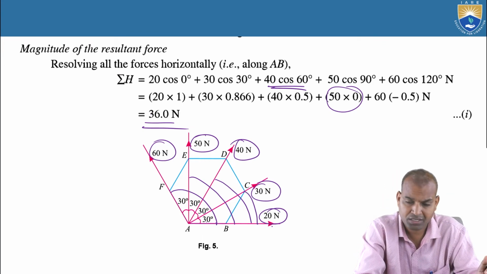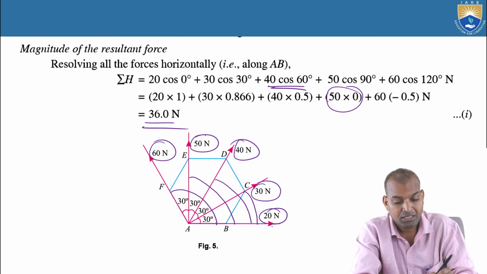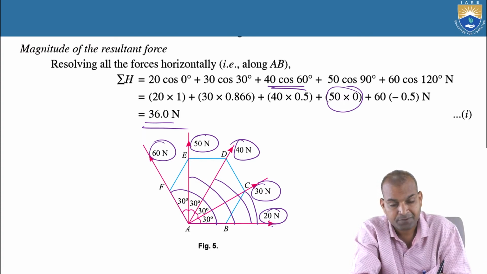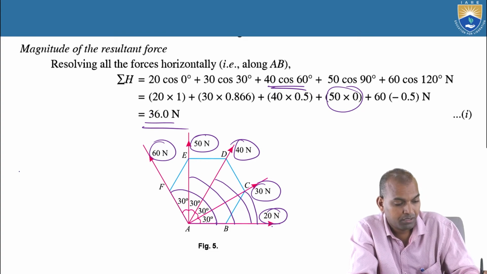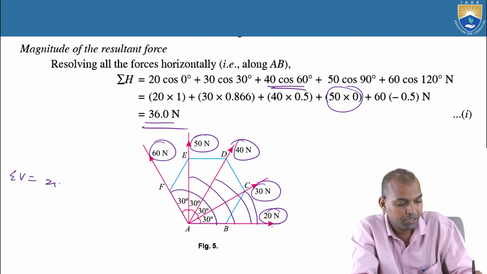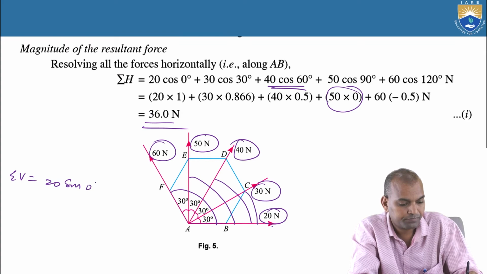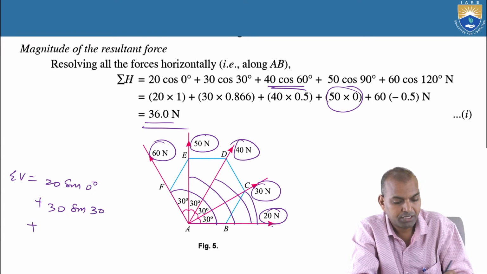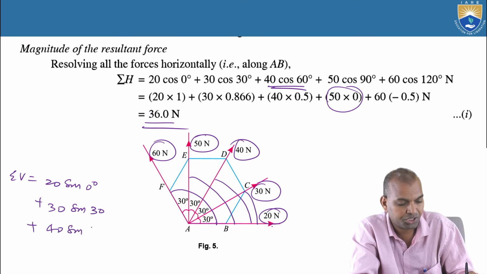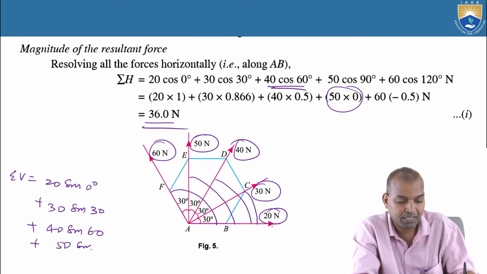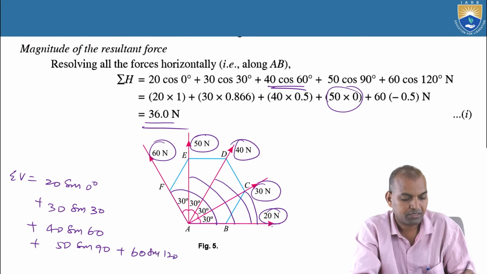What are the vertical terms now? Sine terms. Sigma v equals 20 sin 0 degrees plus 30 sin 30, next 40 sin 60, plus 50 sin 90, plus 60 sin 120.